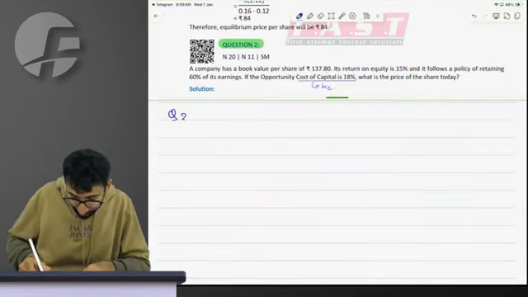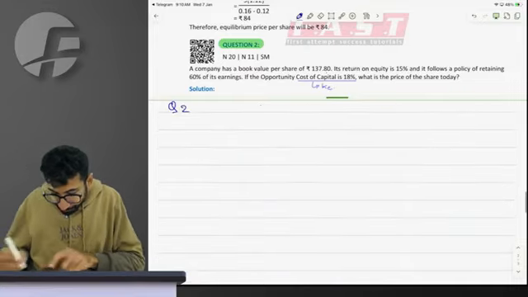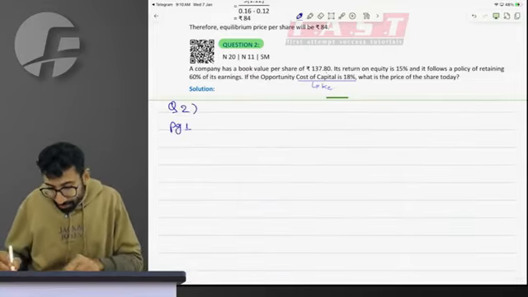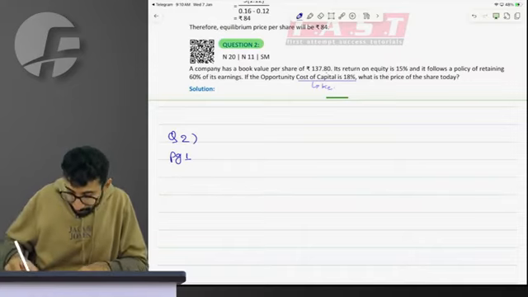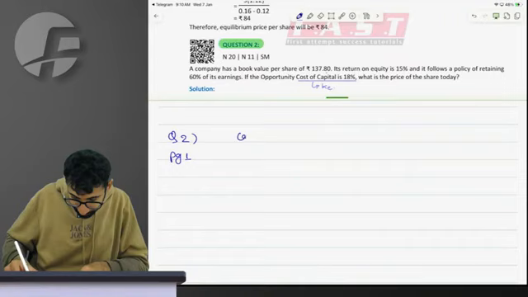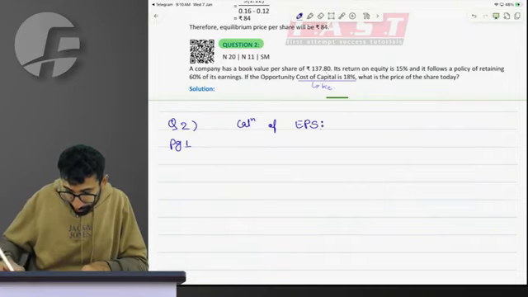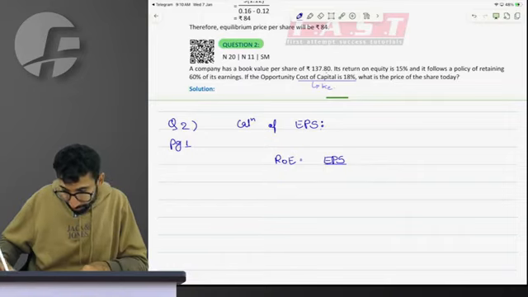For example, we are solving now question number 2, on page number 1. First of all, I'll say calculation of earnings per share. How do you calculate? I know that ROE is nothing but EPS divided by book value per share.